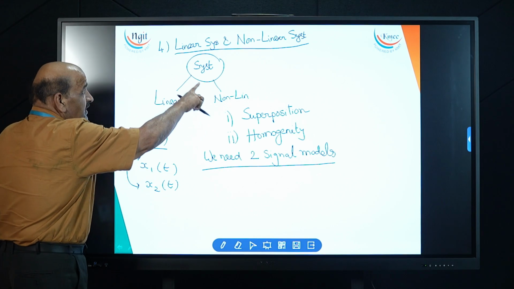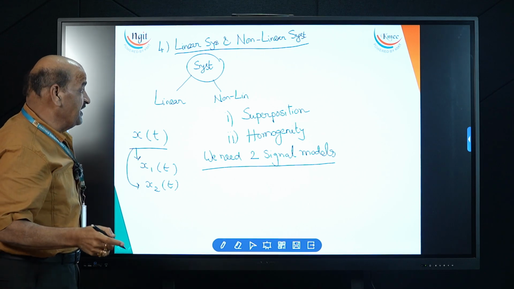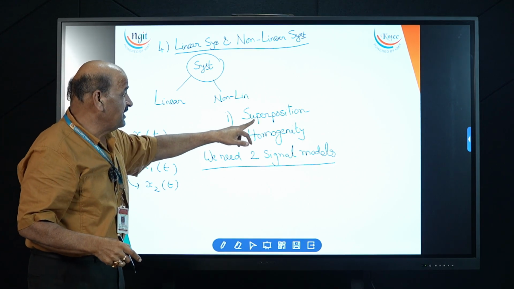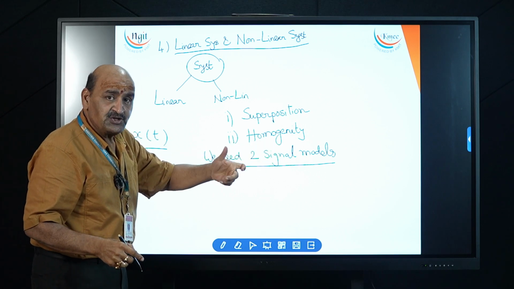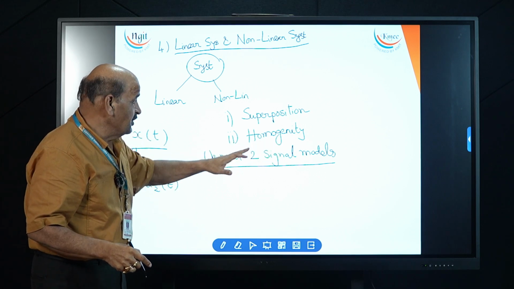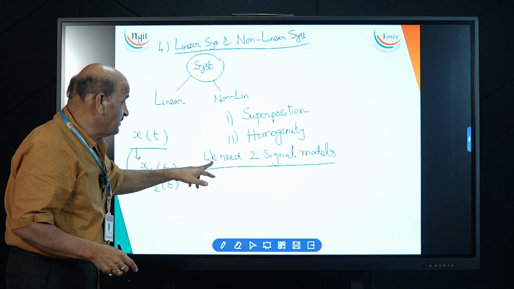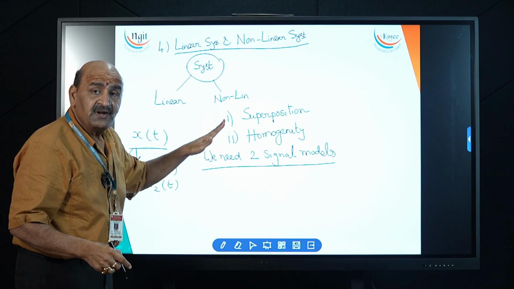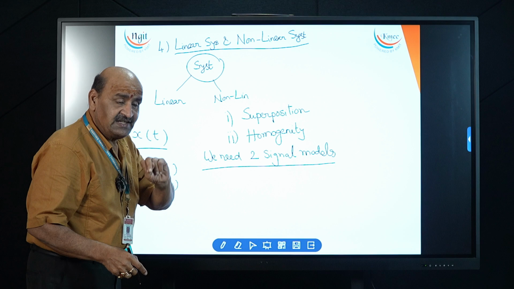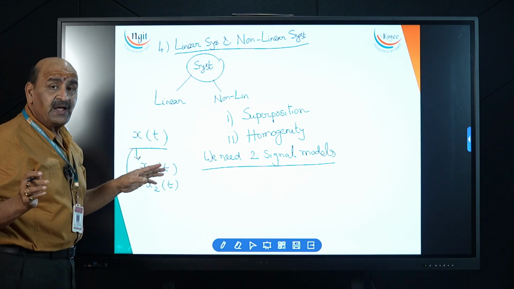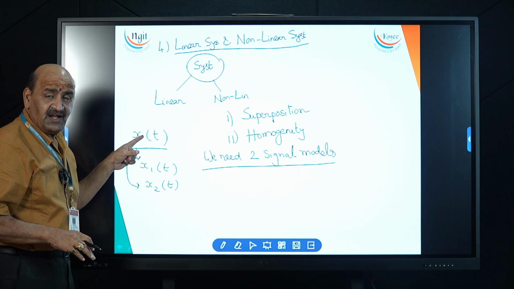Because regarding the linear system or non-linear system concept, first we have to go for the superposition and homogeneity principles. You have to observe whether these two are present in the system or not. To verify superposition or homogeneity, we always need two signal models. But they don't give two signals. They always give only one signal, x of t.